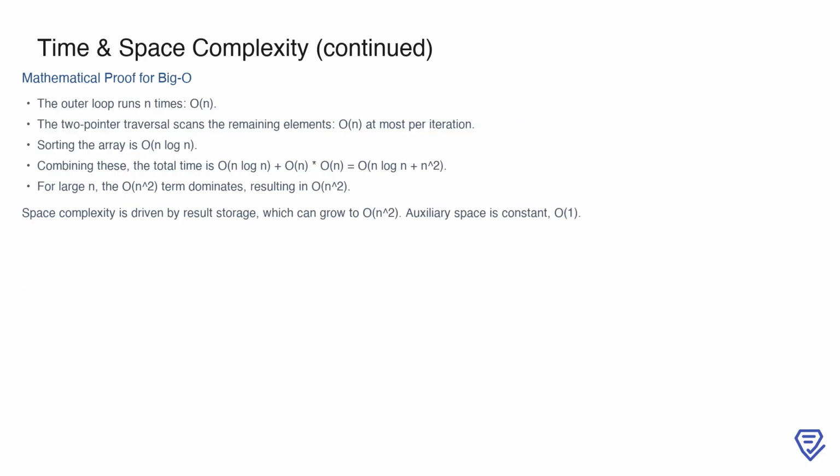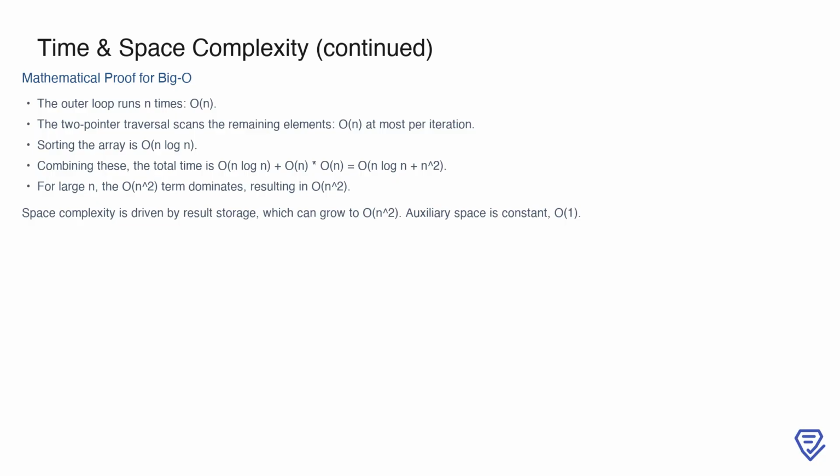Finally, let's summarize the mathematical derivation of the time complexity for the optimized solution. The outer loop runs n times, contributing O(n) to the total complexity. For each iteration of the outer loop, the two-pointer traversal scans the remaining elements, which can take up to O(n) operations per iteration. Sorting the array has a time complexity of O(n log n). When we combine these, the total time complexity is expressed as O(n log n + n * n), which simplifies to O(n log n + n²).